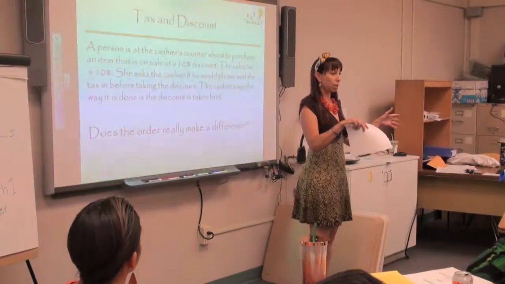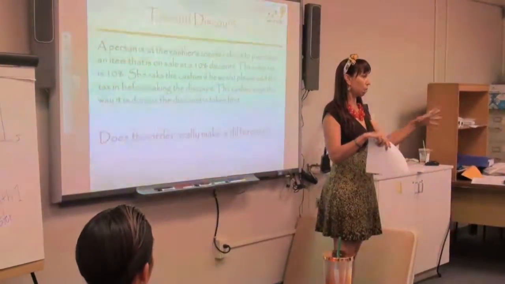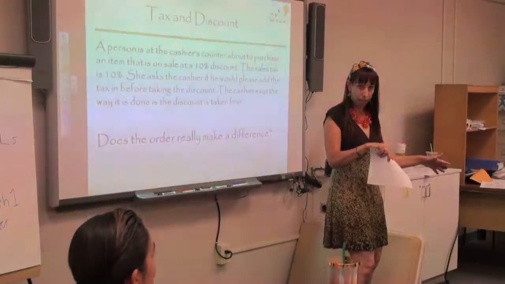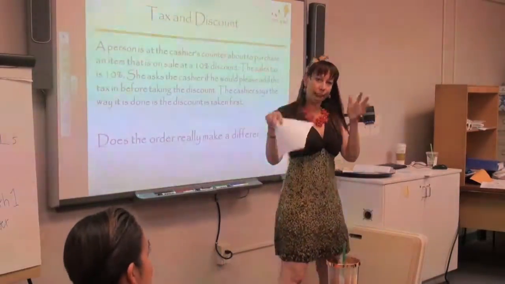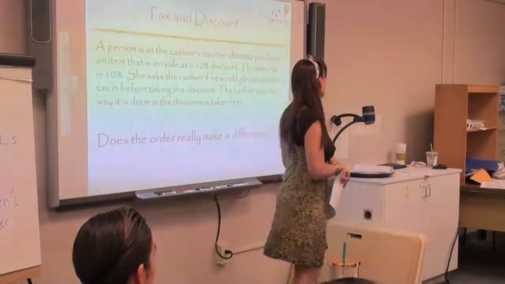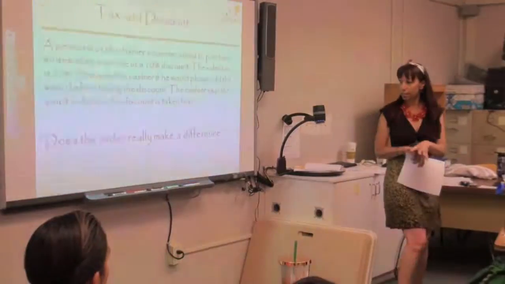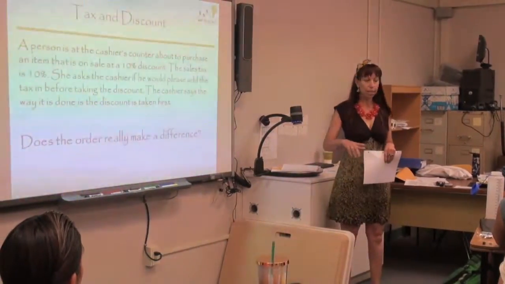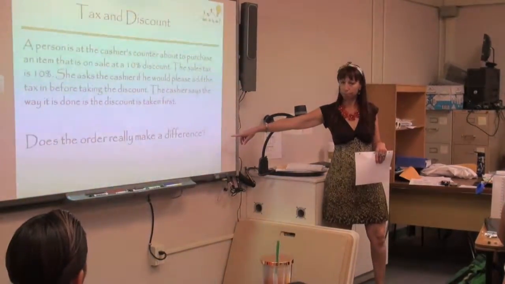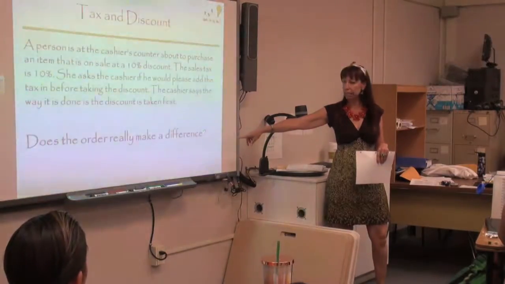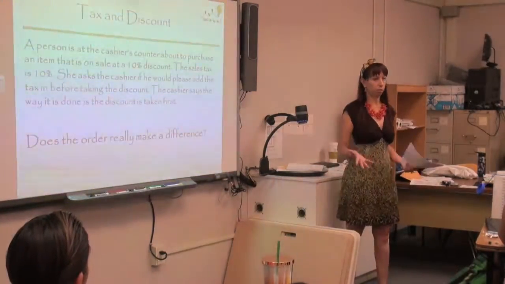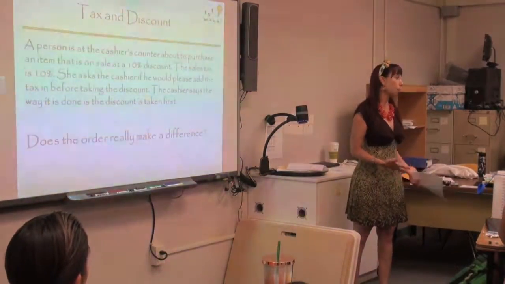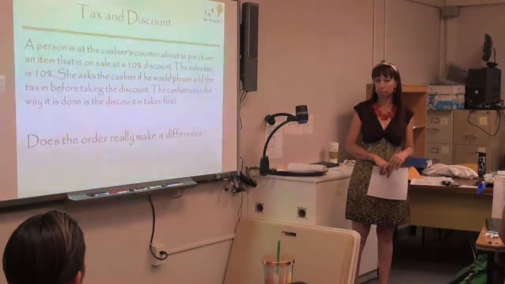Usually the salesperson would put the cost in, then the discount, and then the tax on that, right? Okay. So that's the situation. This is the question. Think in your head. Does the order matter? Is that going to make a difference?